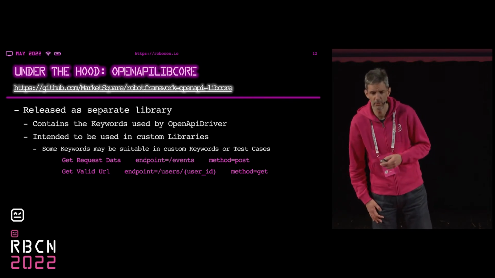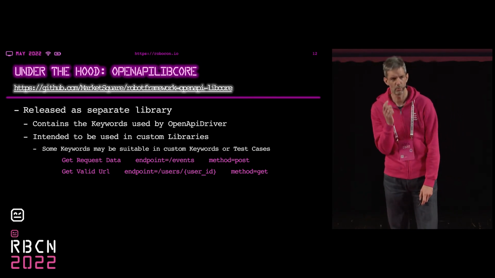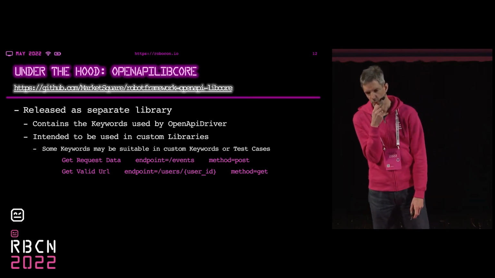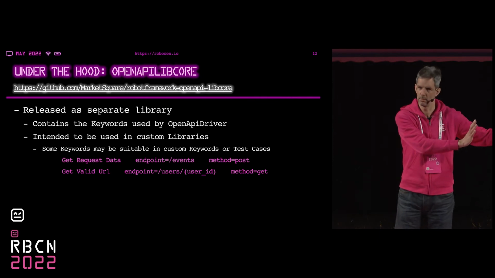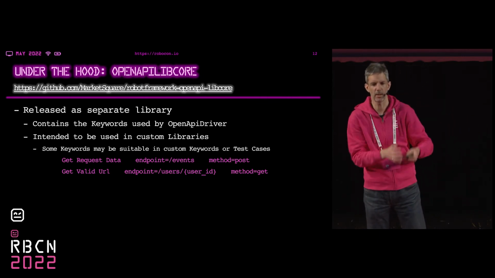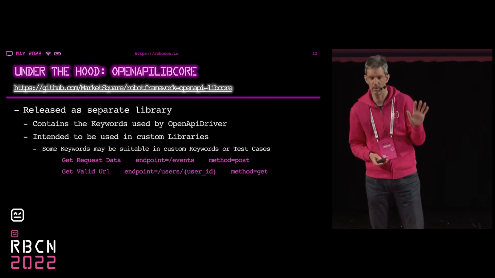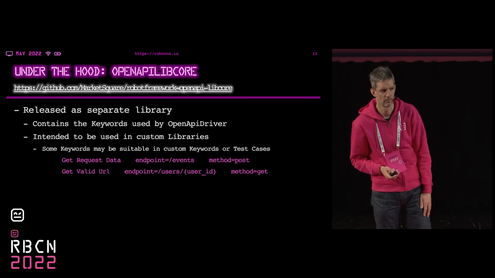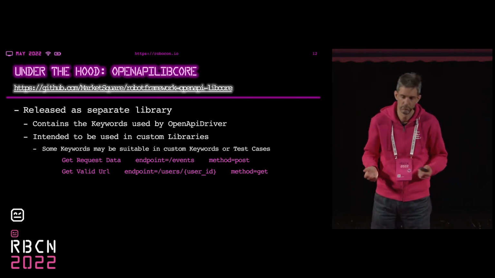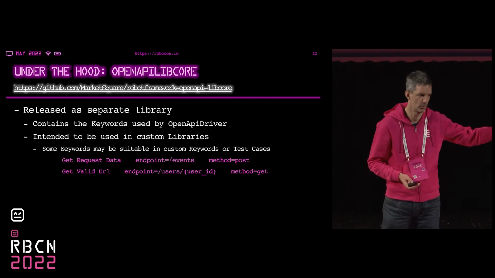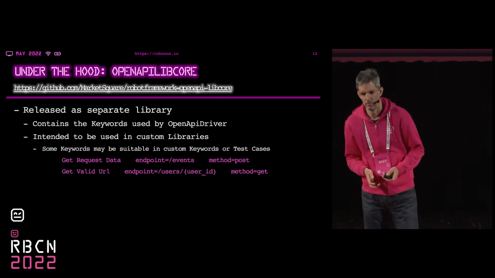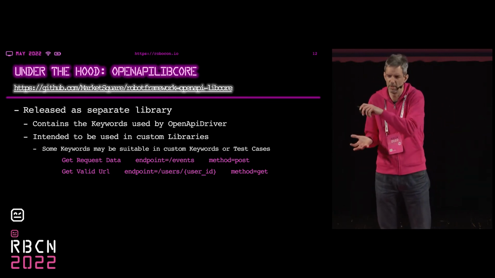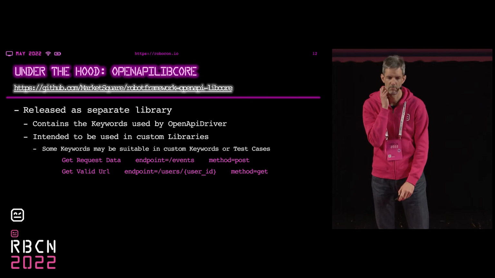But there are some keywords in there that might be suitable directly from test cases, because you can do things like: just give the endpoint and give me an object that has randomized data for everything that needs to go into that request. And then you can modify that object and make your request. But you'll get a Python object, so I see it mostly useful on the Python side.